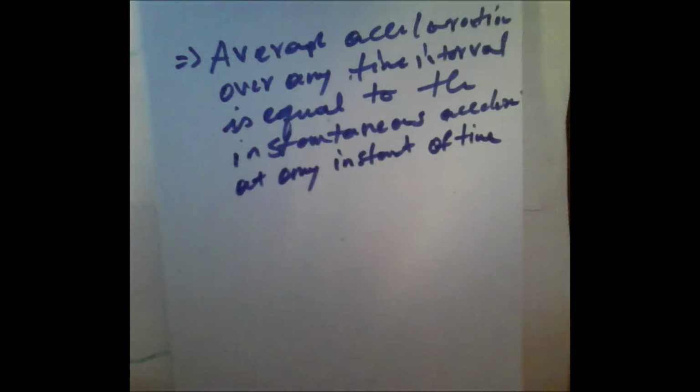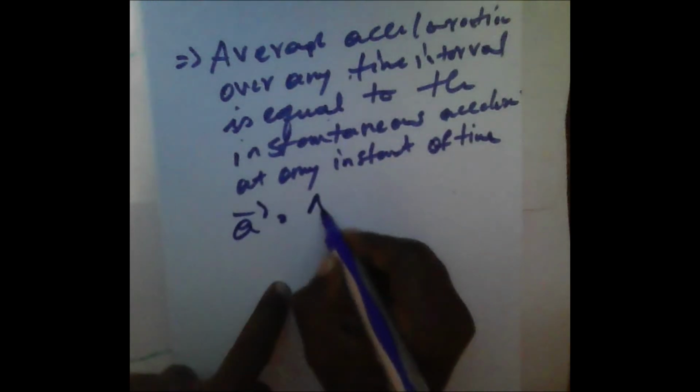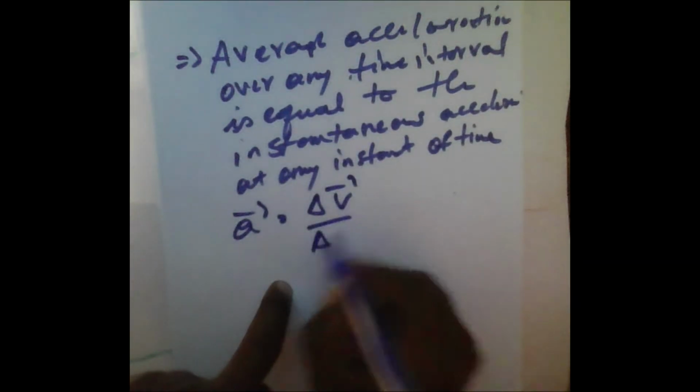So having these 2 points in mind, that means the velocity changes at the same rate throughout the motion, and the average acceleration over any interval is equal to the instantaneous acceleration at any instant of time. So therefore we know that acceleration is equal to the change in velocity over change in time.